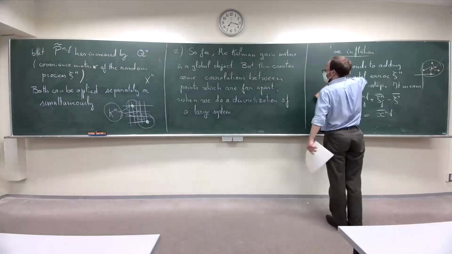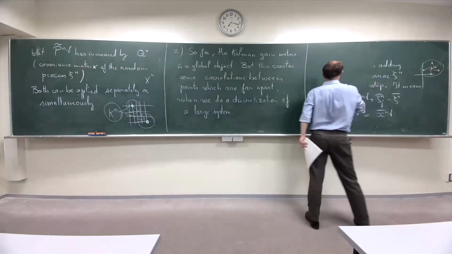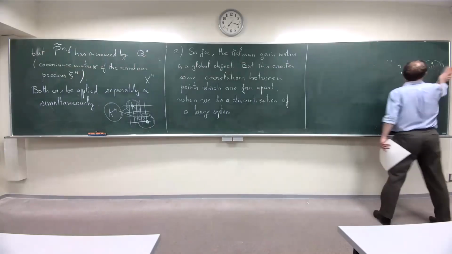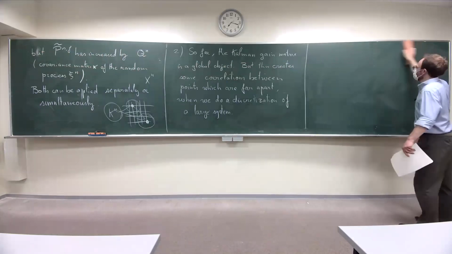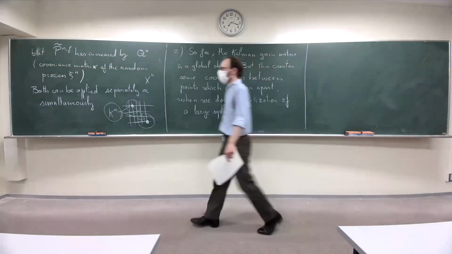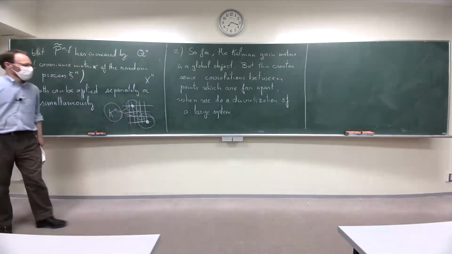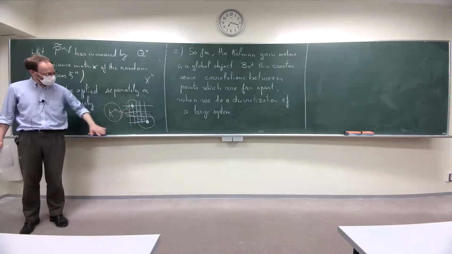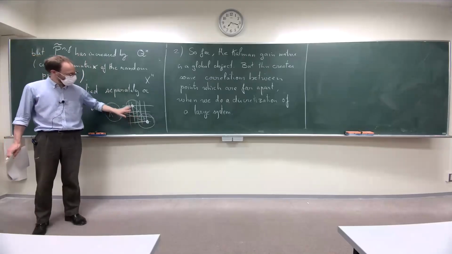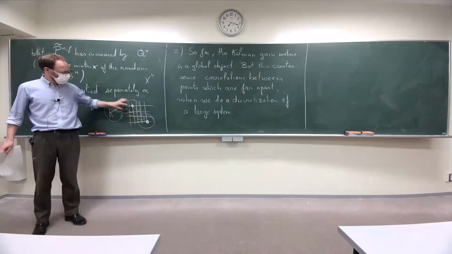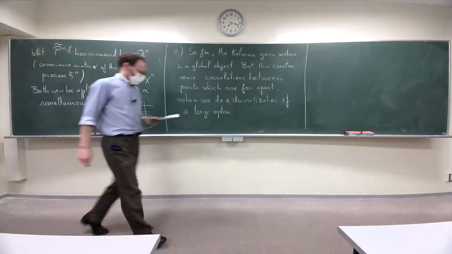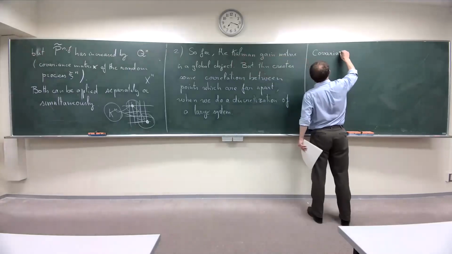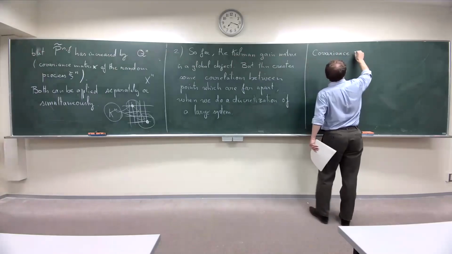But I need to be a little bit more precise about this picture. By the way, if you have any question or remark, you can interrupt me at any time, of course. But I want to deal with this situation. We do a discretization of a large system. Points can be far apart. K_n contains everything, and I want to localize. So the first is called the covariance localization.